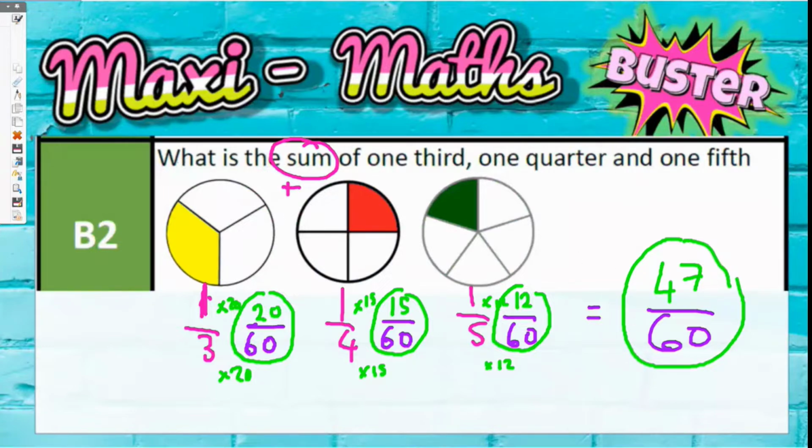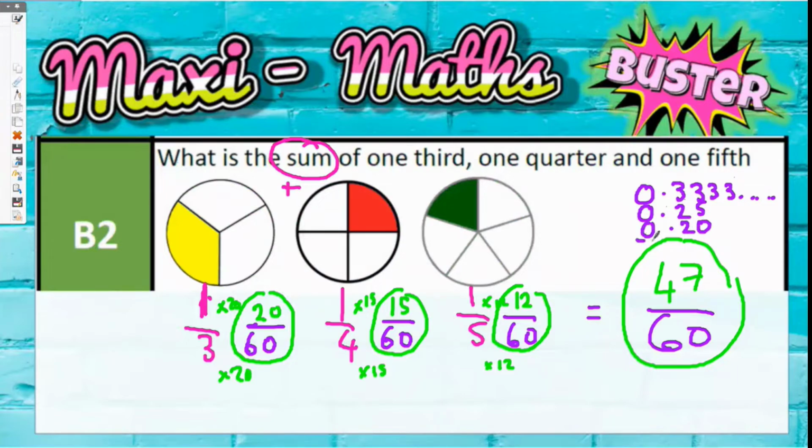You could have done it as a decimal, and you could have said that 1/3 is 0.3 recurring. So we'll just put some 3's in there, 0.3 recurring. You could have said that a quarter is 0.25, and you could have said that a fifth is 0.2, or 0.20.